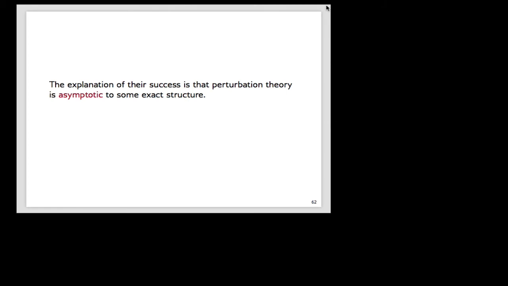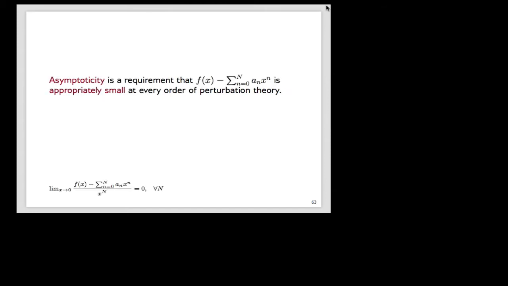And that explanation is that perturbation theory is asymptotic to some exact structure that's lying behind the success of the perturbative expansion. So asymptoticity is just a requirement that the difference between the exact values of the function and the partial sums, the early partial sums, are appropriately small for every order of perturbation theory.